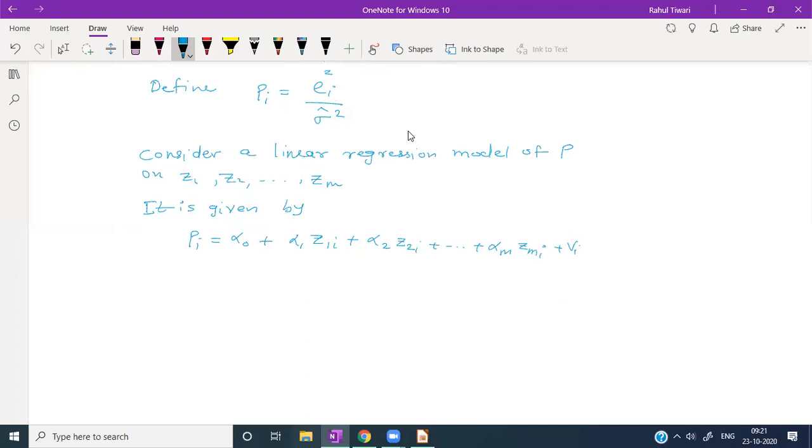And what is this vi? This vi is the error term, the residual term of this model.